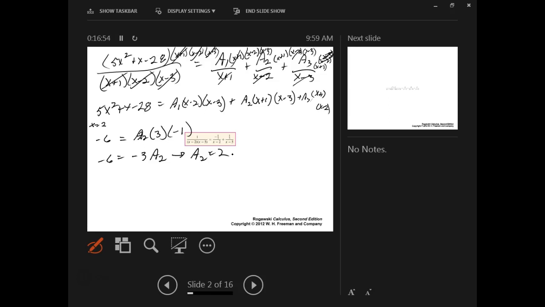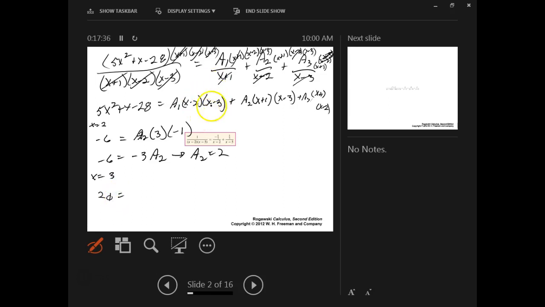Now, since that worked so well, let's pick another value for x. 3. Okay, sounds good. X equals 3. What does the left-hand side give you then? 45 plus 3 would be 48, minus 28 would be 20, right?